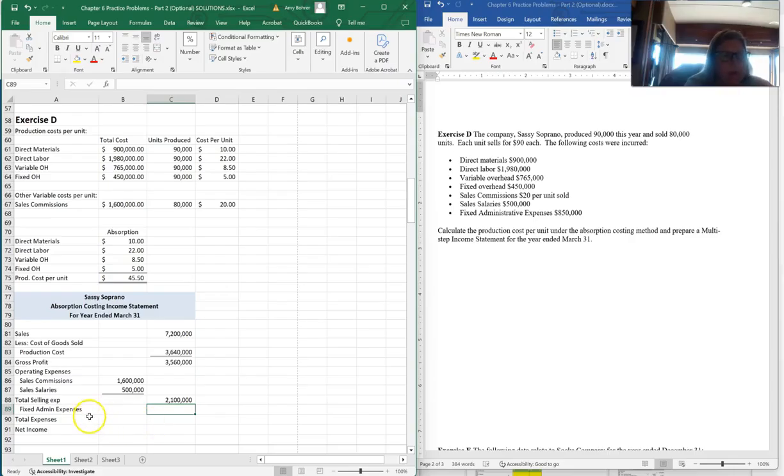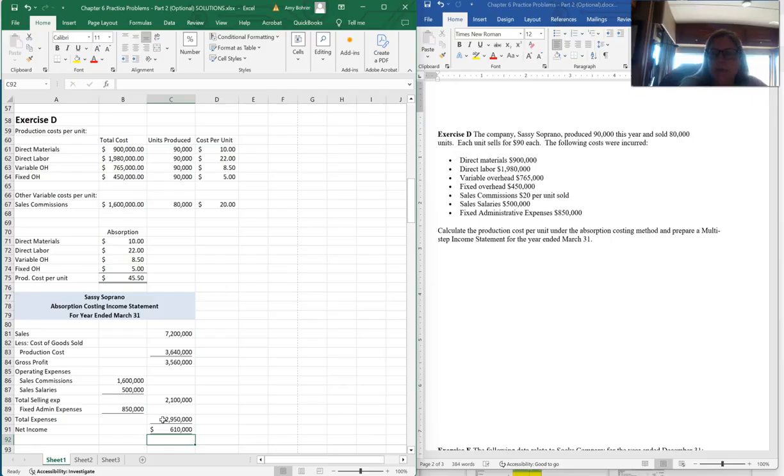Okay. And our fixed administrative expenses, it gives us $850,000. So our total expenses are going to be the $2,100,000 plus the $850,000. And our net income is going to be our gross profit minus our total expenses, $610,000. So that is an absorption costing method income statement.